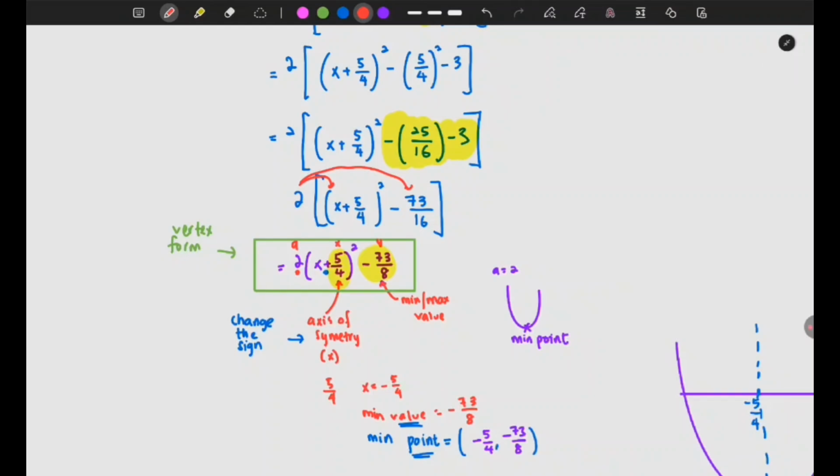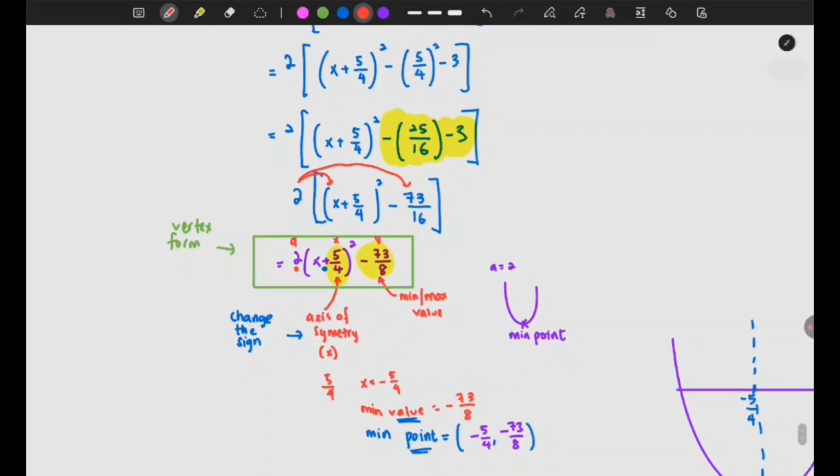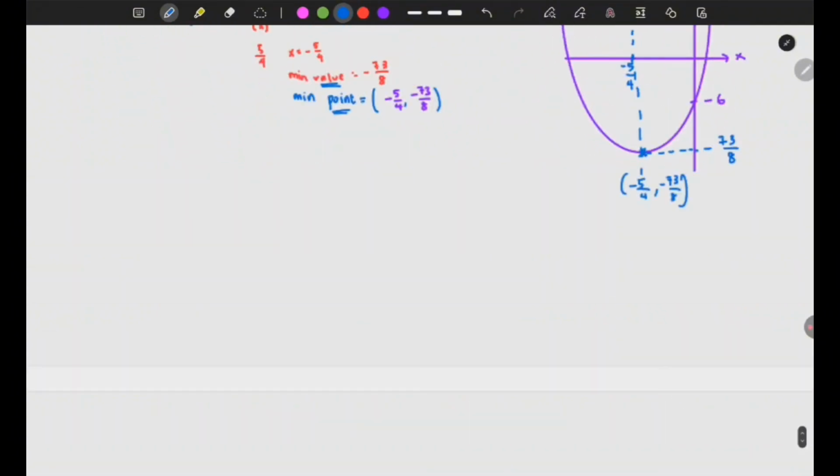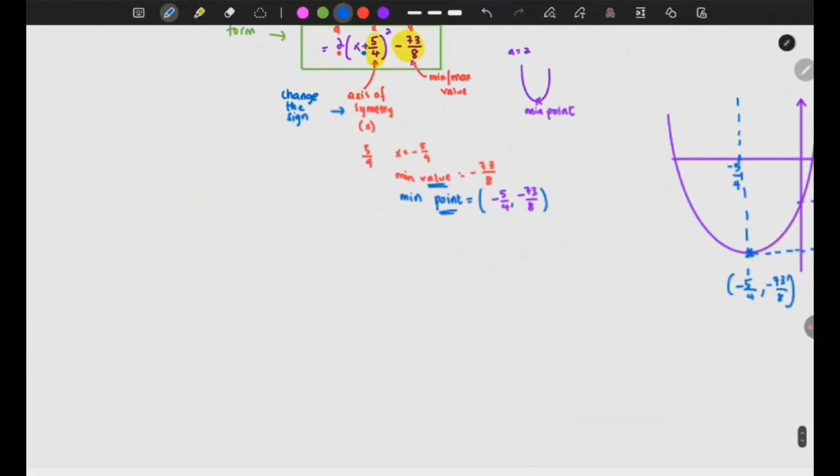So maybe I have another quadratic function. f(x) equals -5x squared minus 6x plus 2. So how am I going to find whether it's a minimum or maximum point? Look at the A value.